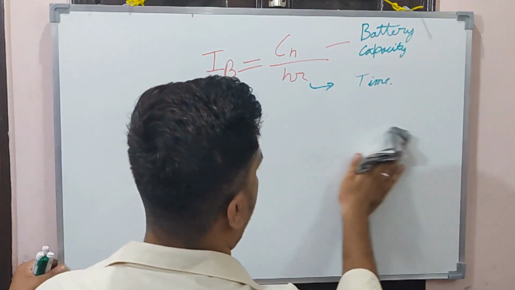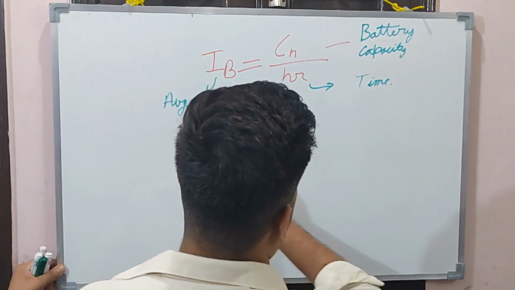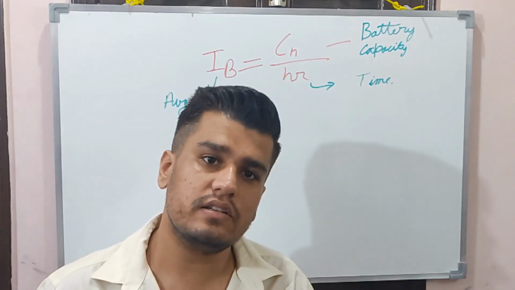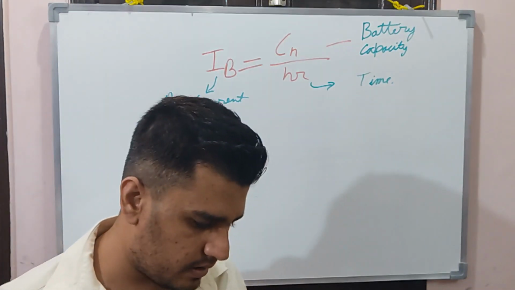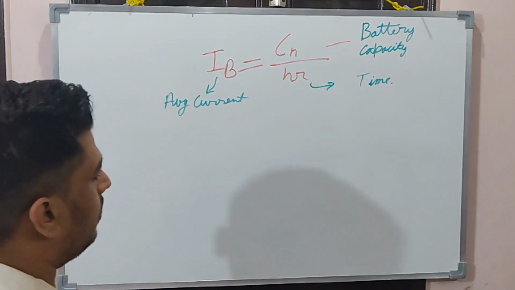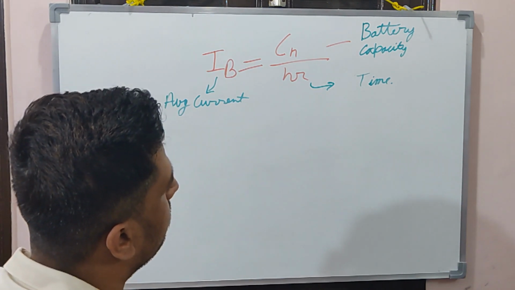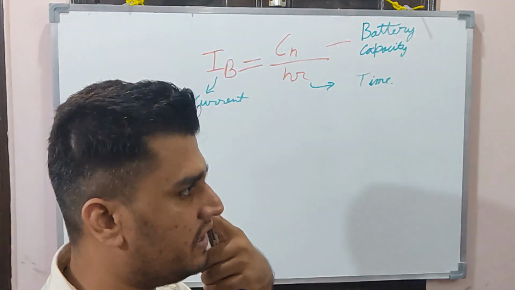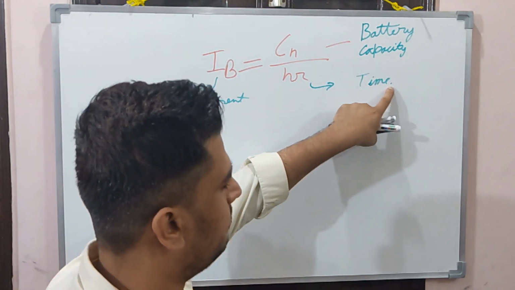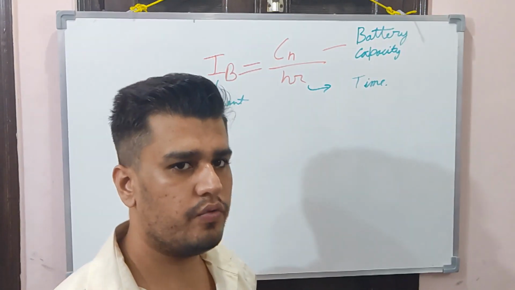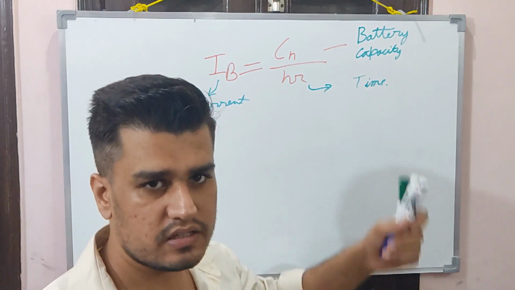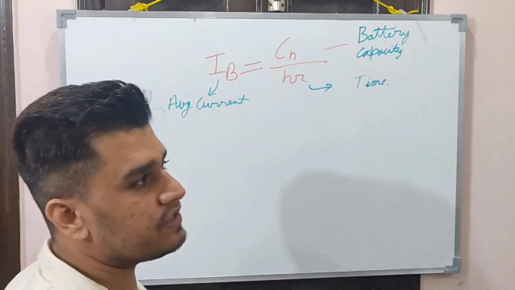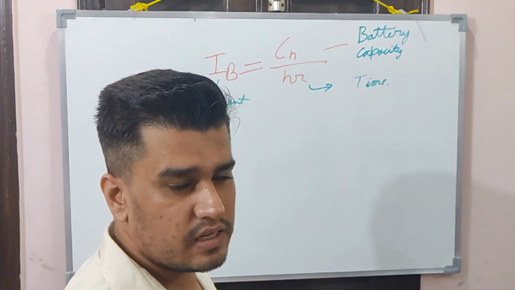So what is the significance of C20 and C15 or whatever number it is? Basically, the number in C20 or C15 is this time. Now we will see how a change in this time varies the current in our system and how it changes our selection of the battery.